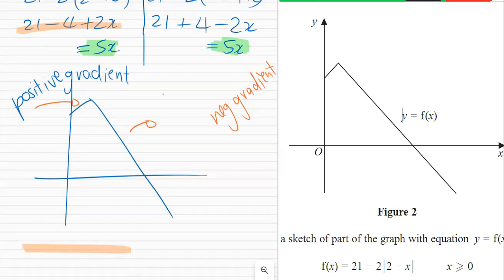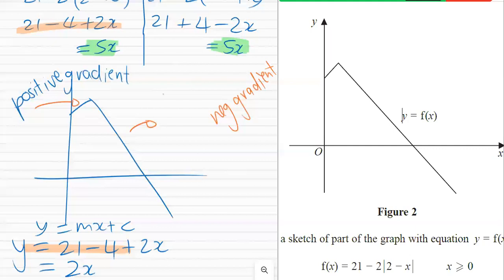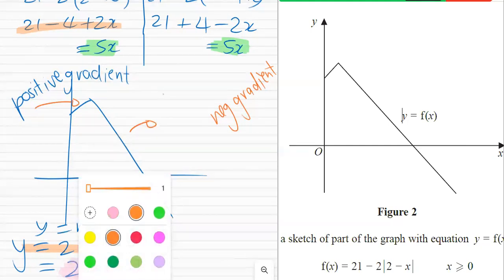This was y equals 21 minus 4 plus 2x. If we rearrange it in the form y equals mx plus c, then it's 2x, 21 minus 4 is 17, plus 17. So this one has a positive gradient. This is our gradient value. So we know that the orange one is actually on this side.